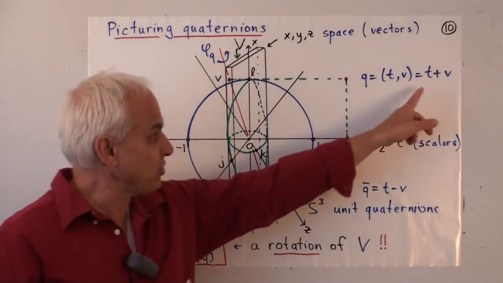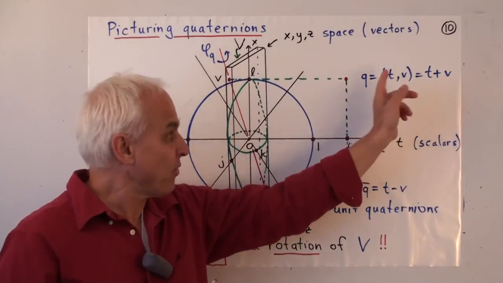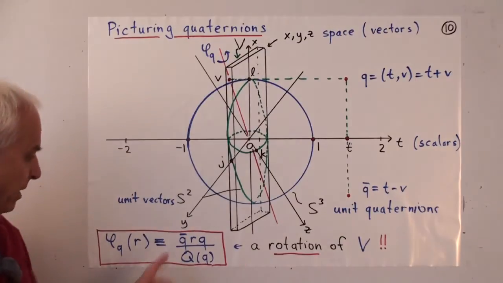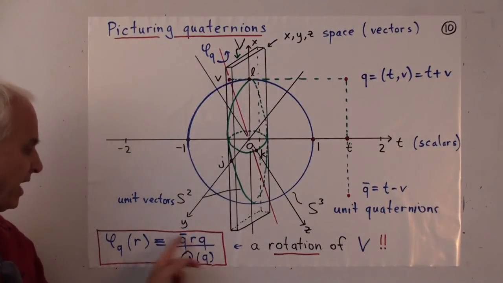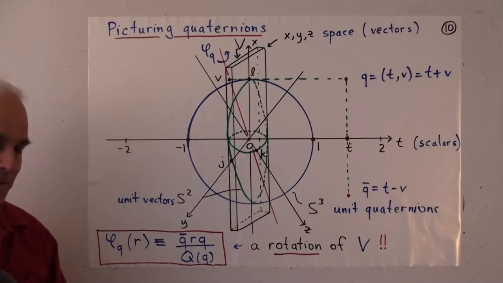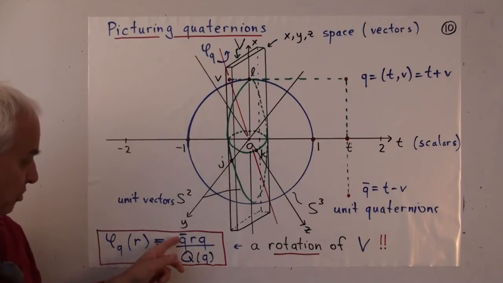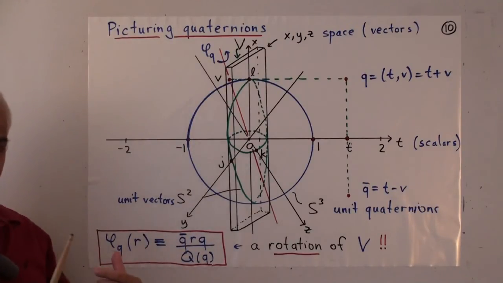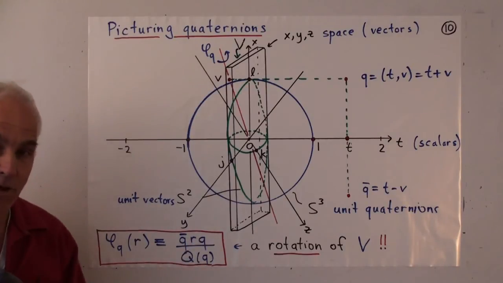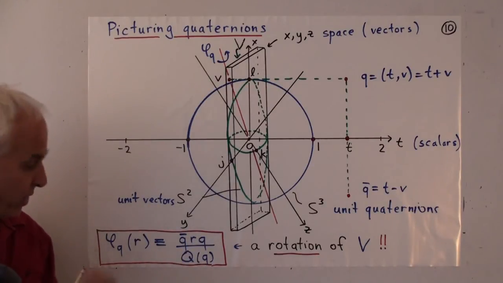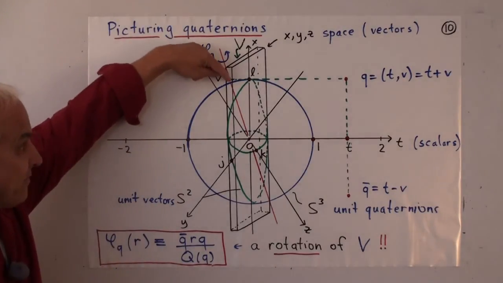Because v commutes with the t and v commutes with this v here. So this q and this v commute, meaning that we can exchange the v and the q there if r is equal to v. That's telling us then that the previous analysis applies. The q bar times q will be together, and then we'll cancel with this quadrance of q in the bottom, and we'll just get v as an output.